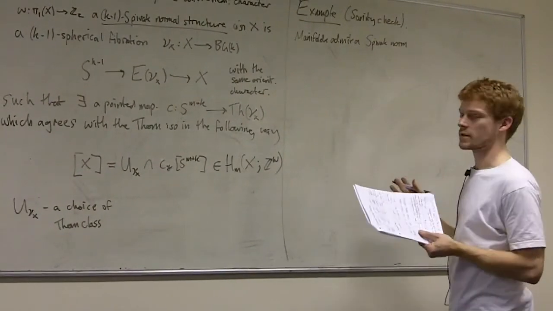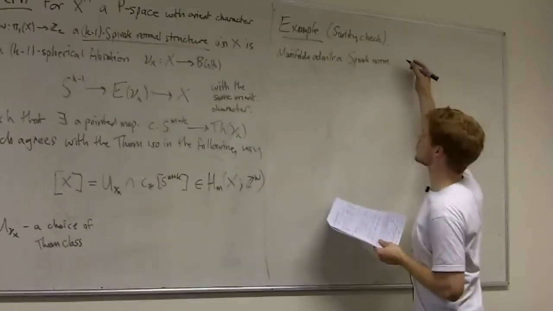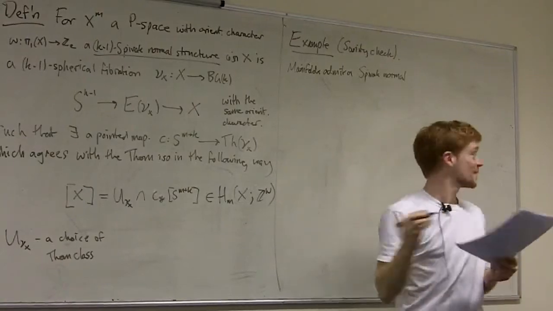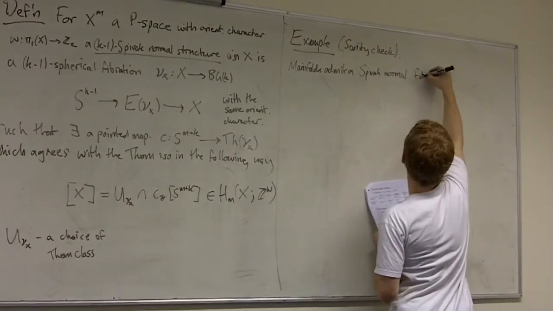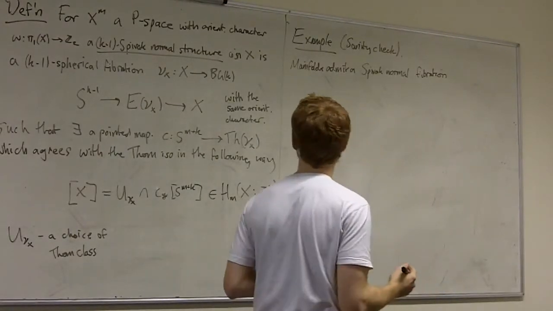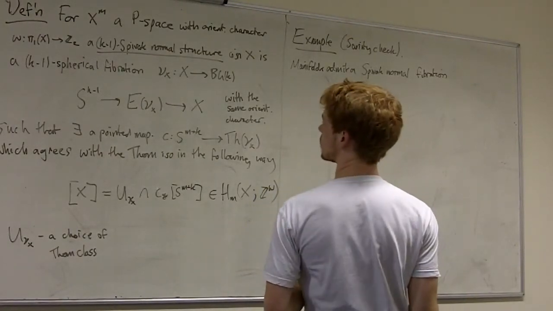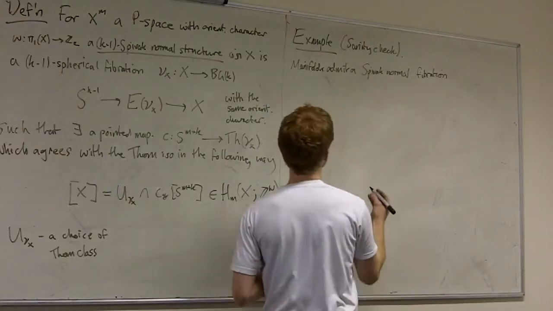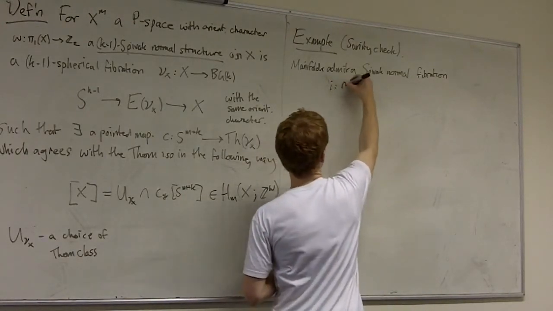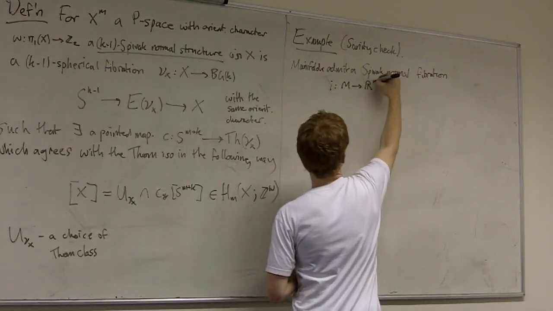Technically, some Poincaré space homotopy equivalent to the manifold admits a Spivak normal fibration. So what should everything be? The sphere bundle should be, so we take a representative, as before, of our stable normal bundle.